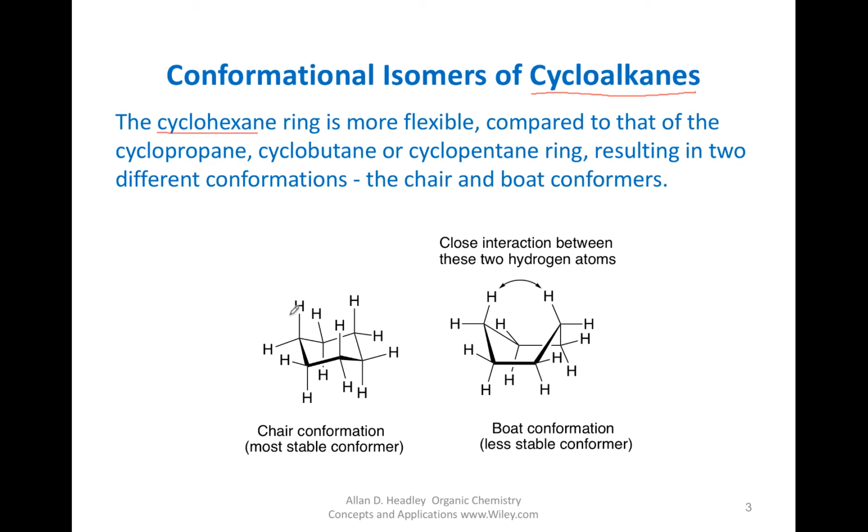It is more flexible because of the rotation or limited internal rotation of the carbon-carbon bond. In other words, there is a little more rotation in the carbon-carbon bonds for cyclohexane compared to smaller rings.